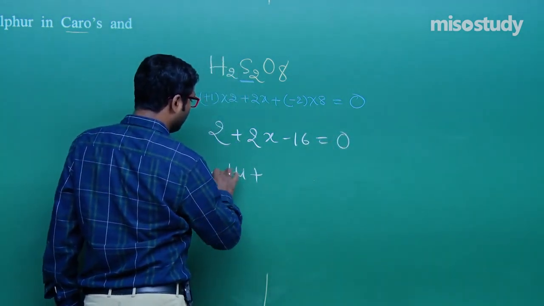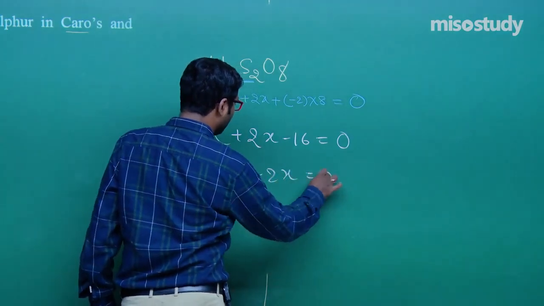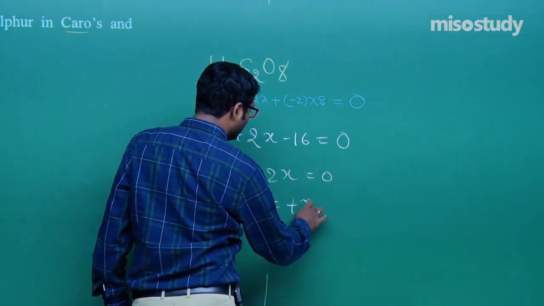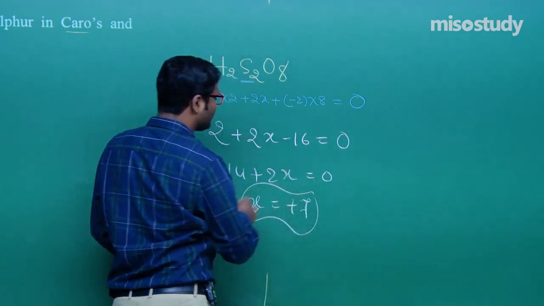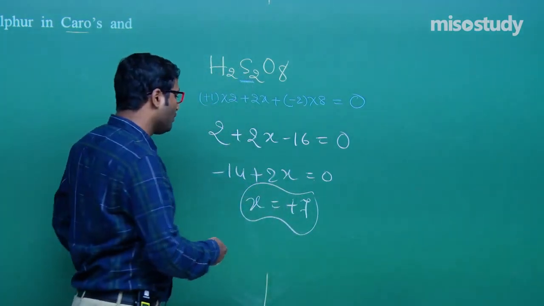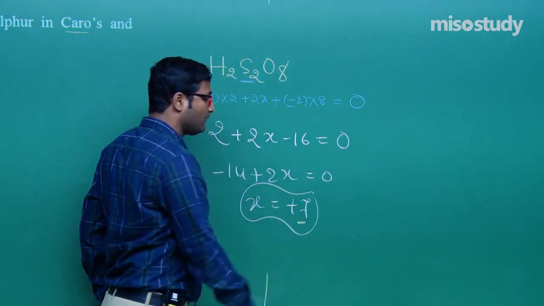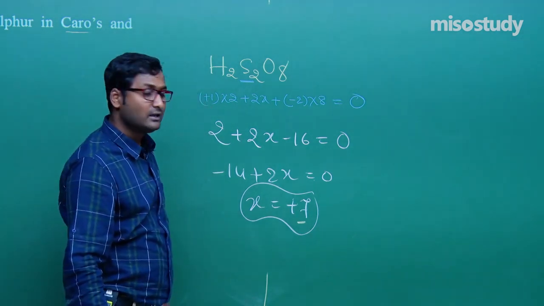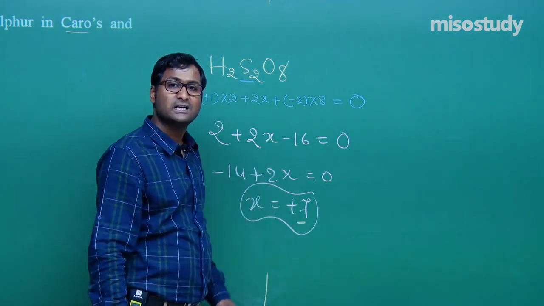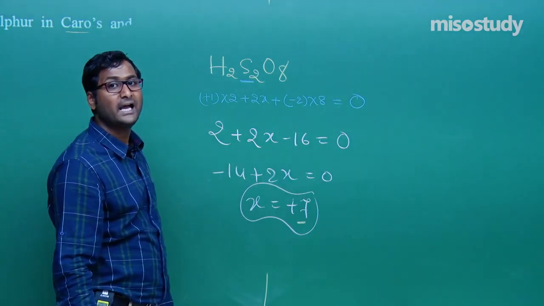14 plus minus 14 plus 2x is equal to 0, so x is equal to plus 7. As we know, there is no such oxidation state exceeding 6.